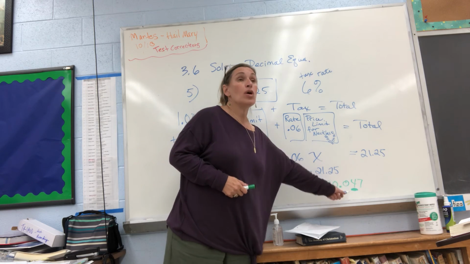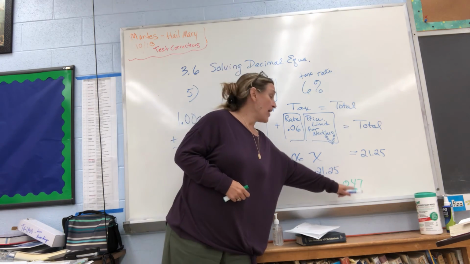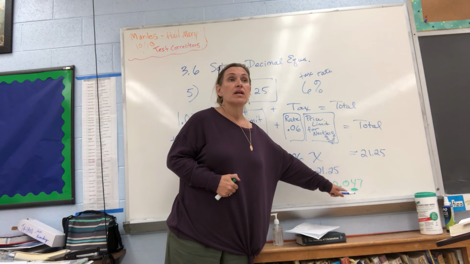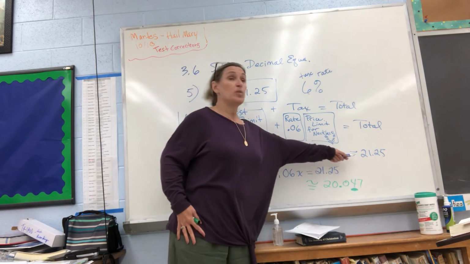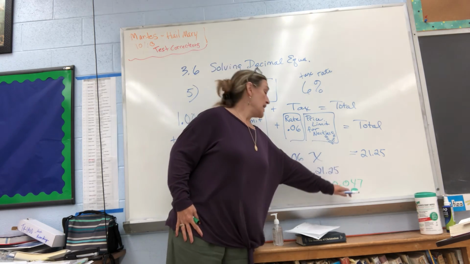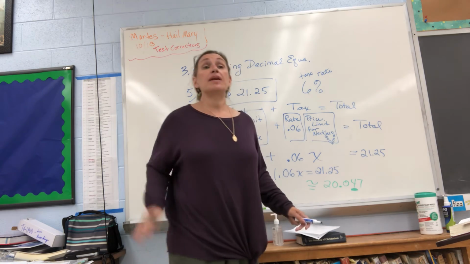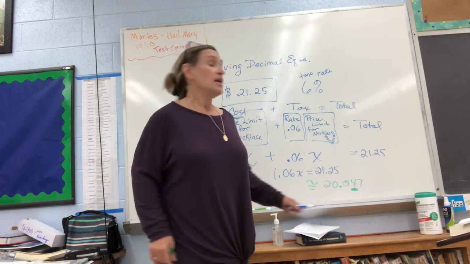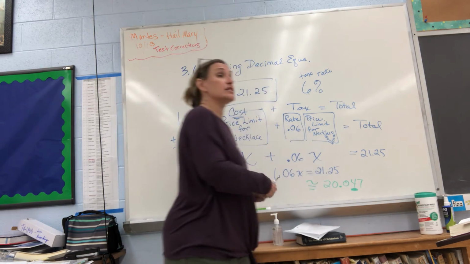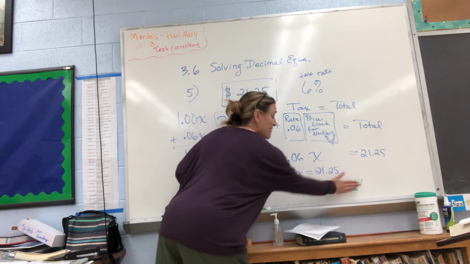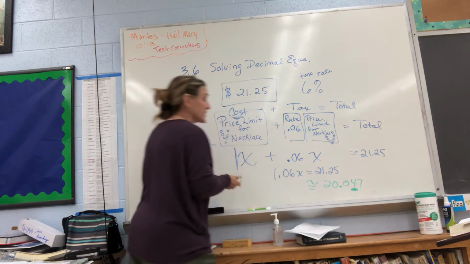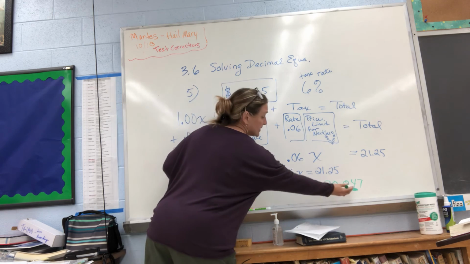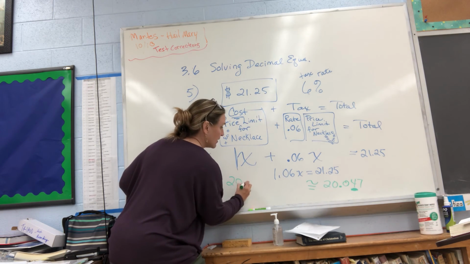No. If I round this up to 5, you only have $21.25 in your pocket. If I round this up, you will not be able to buy the necklace. This is the price limit for the necklace. So you can't go above this. You can't go above that price. So it has to stop at $20.04.